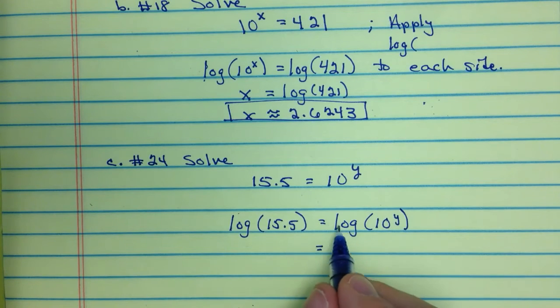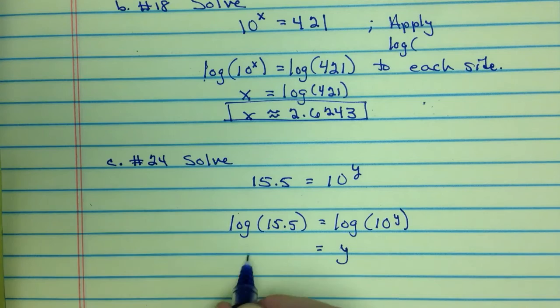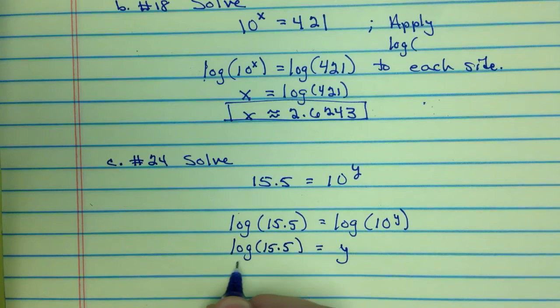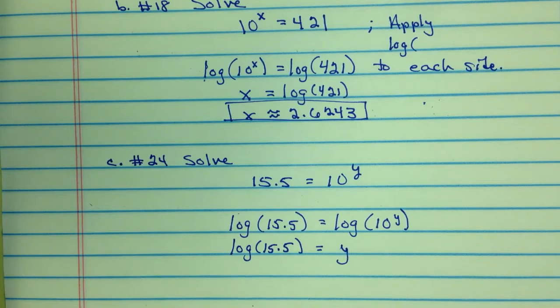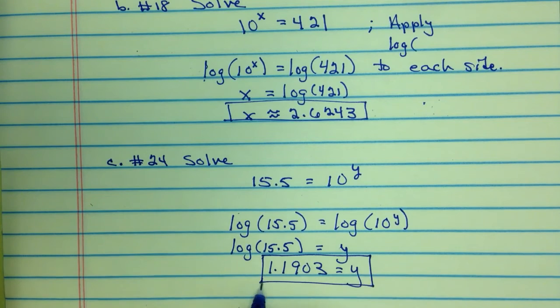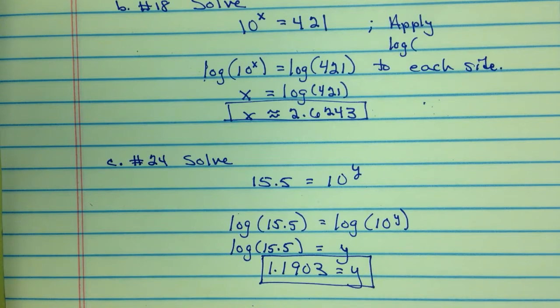On the right, log of 10 to the y is simply y. Then we plug log of 15.5 in our calculator. I'll write it down first: the exact answer is log of 15.5. But we plug it in our calculator to get 1.1903. So 1.1903 equals y. And that's it. Okay?